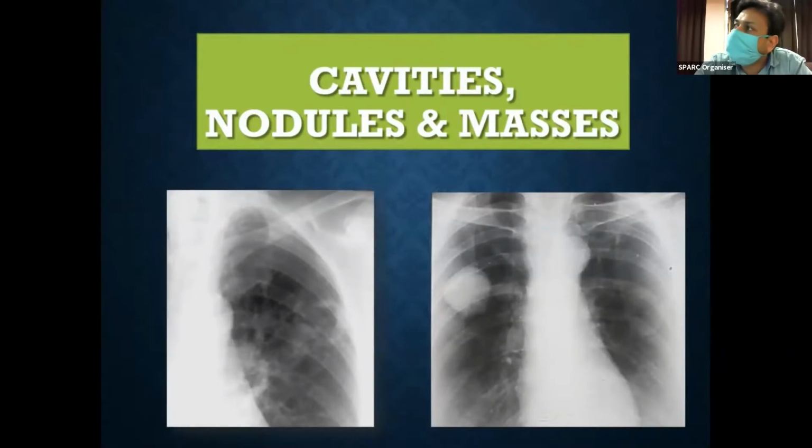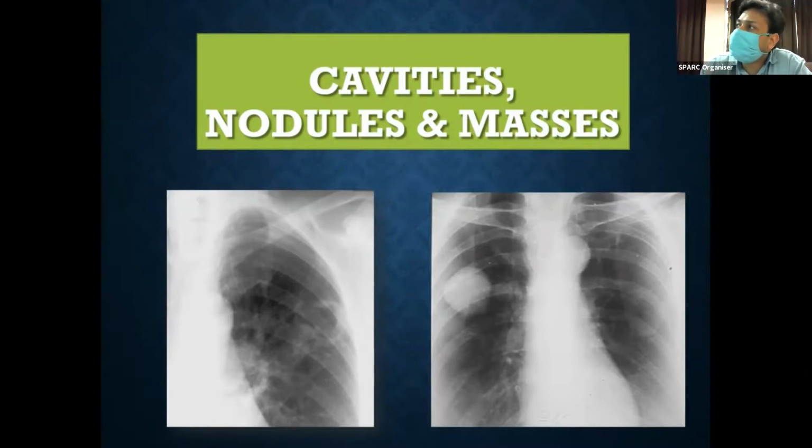Now, another abnormality: sometimes we have these rounded areas of opacity, and if they are smaller than 3 centimeters, we call them nodules. If they are larger than 3 centimeters in size, we call them masses. There are many causes of these nodules and masses, ranging from benign entities to malignancies. I'll not be able to go into the detail of the causes, but some of these nodules and masses may cavitate.